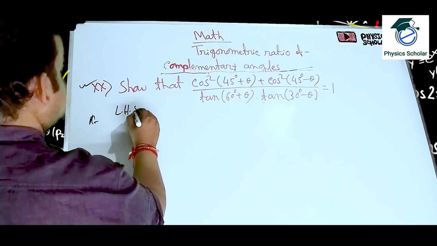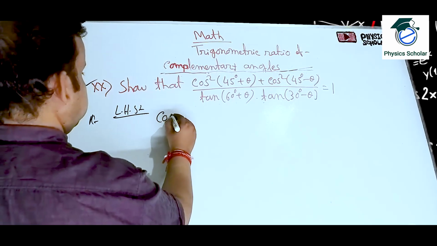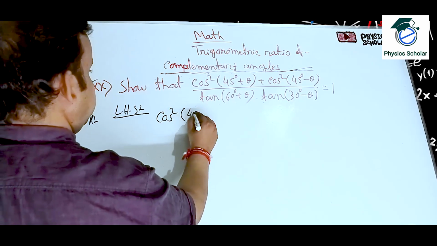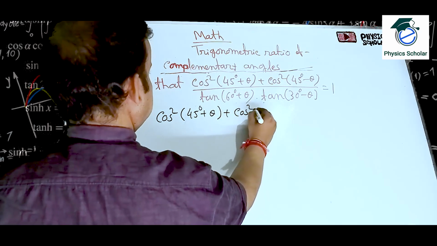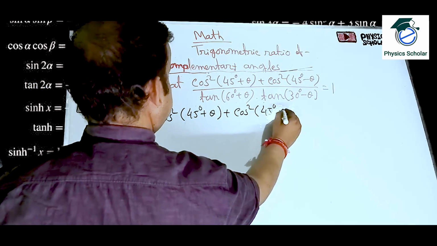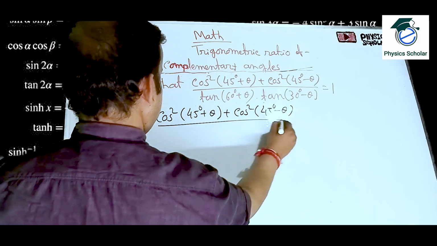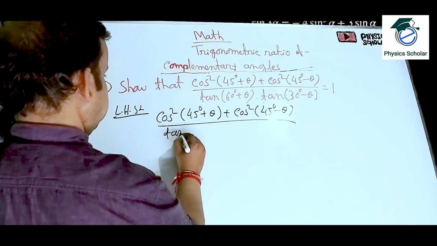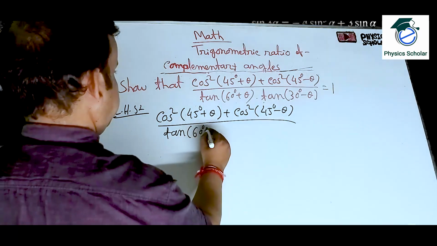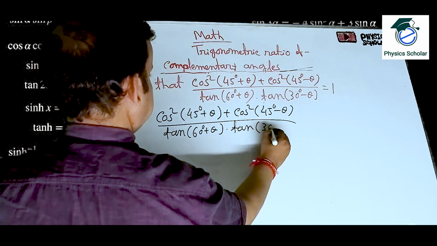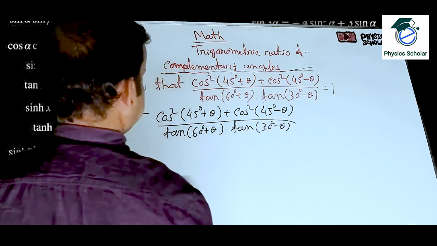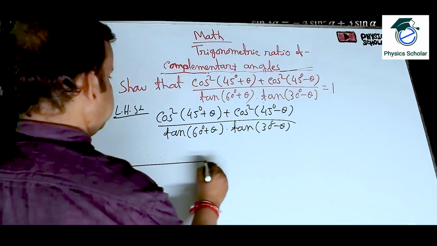Left hand side: cos square 45 degree plus theta plus cos square 45 degree minus theta whole divided by tan of 60 degree plus theta into tan of 30 degree minus theta. Okay, so how you can write this?